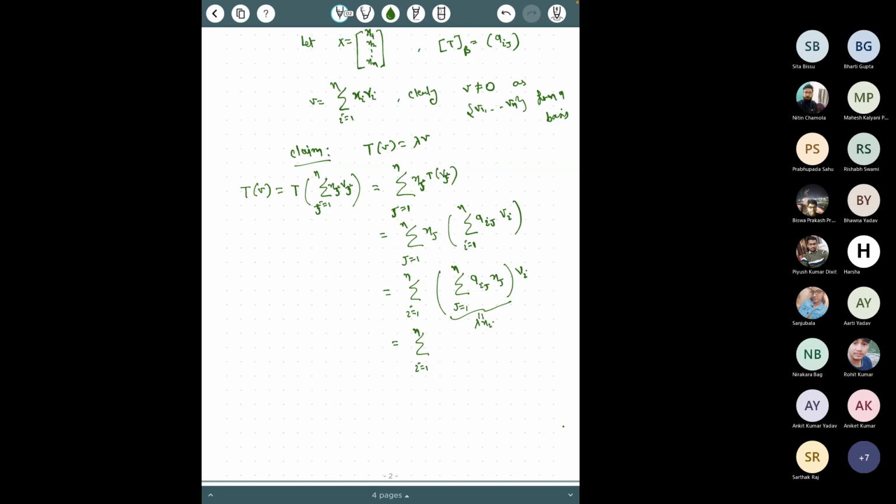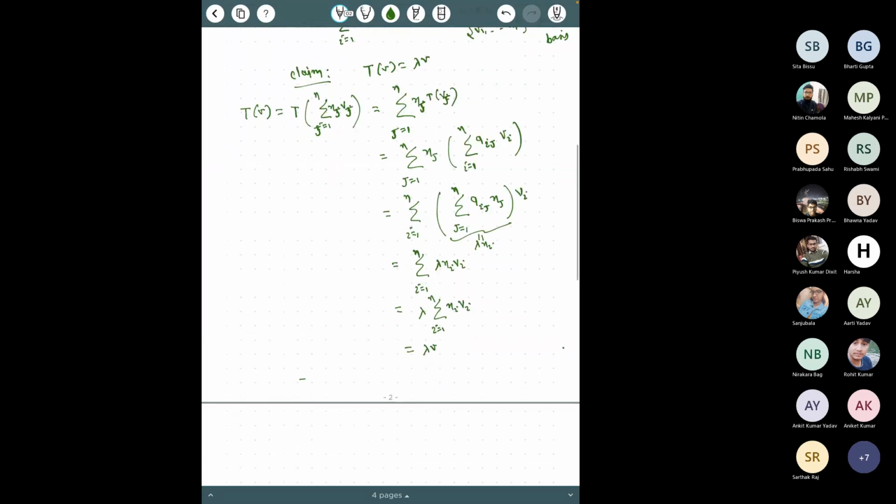So what we have is the sum of lambda xi vi. I can take lambda outside, so it is lambda times the sum over i equal to 1 to n of xi vi. But the summation of xi vi is just v, so it is equal to lambda times v. This implies that T of v is equal to lambda times v. That means lambda belongs to the eigenvalues of T, and we are done.